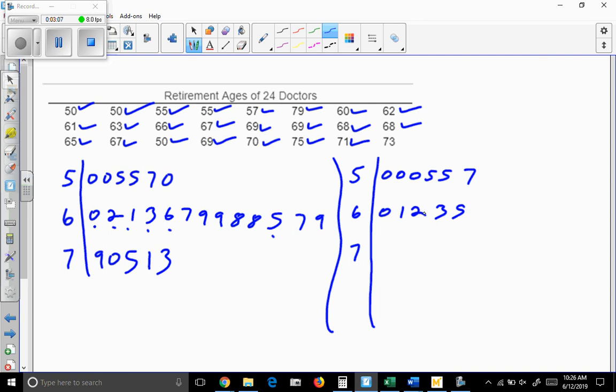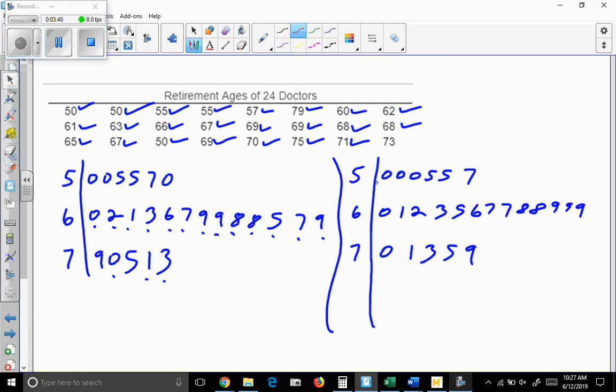I have a 6. I have 2 7s, 2 8s, 3 9s. And then in the 70s, we have a 0, a 1, a 3, a 5, and a 9. So we've put our values on our leaves in order from smallest to largest.